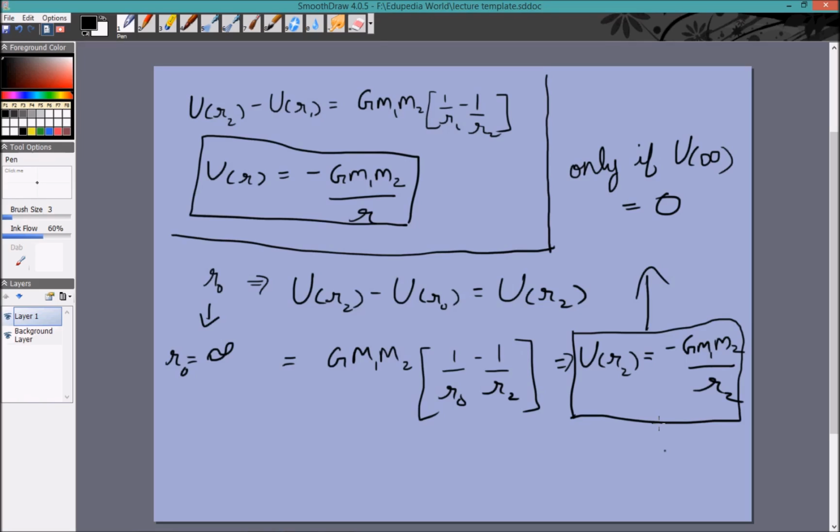So the actual potential energy is irrelevant and the difference between potential energies is the only thing that's relevant. That is true for potential energy in any case. In the case of gravitational potential energy, because of the nature of this formula, 1 by r, we generally choose r is equal to infinity to be our reference point. In that case, the potential energy is defined as minus G m1 m2 by r.